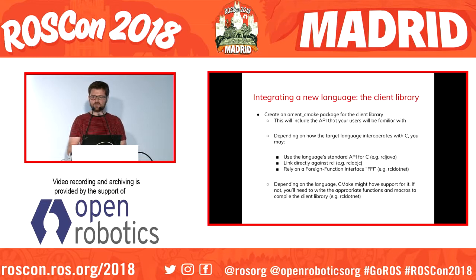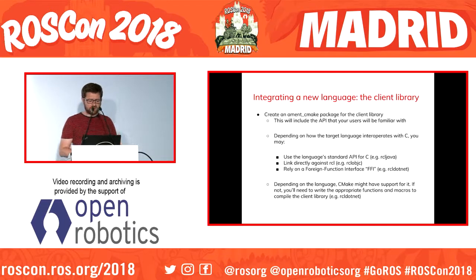RCL has only 5 functions that are the minimum: rcl_init, rcl_publish, rcl_take, wait sets, and spin, and that's it. There's more stuff like services and quality of service, but that's the bare minimum.